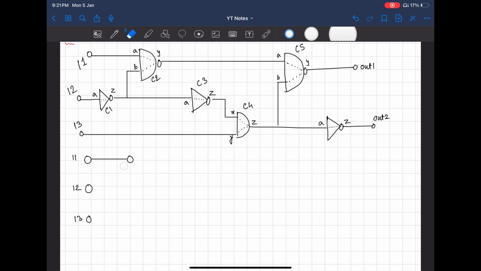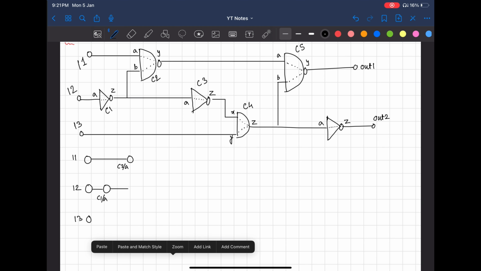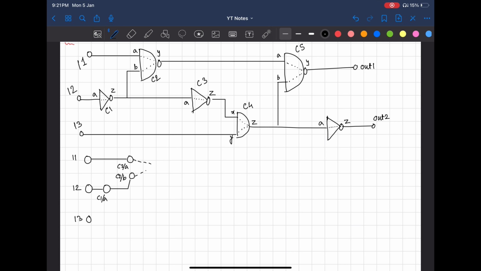These are C2 of A, and then another vertex which is C1 of A, then C2 of B, and this is C2 of Y, and this is C1 of Z.